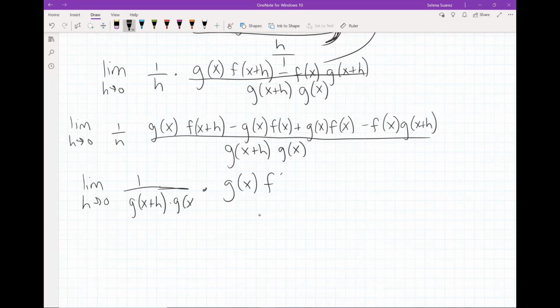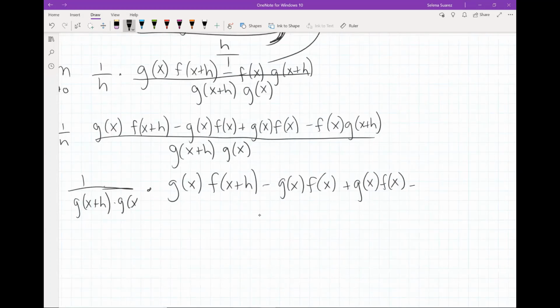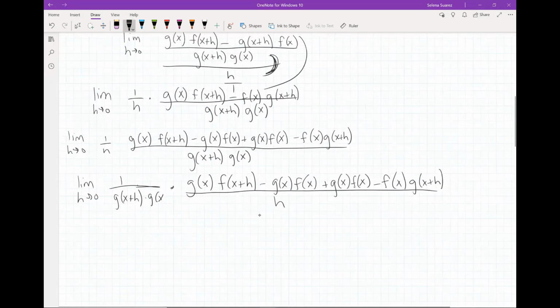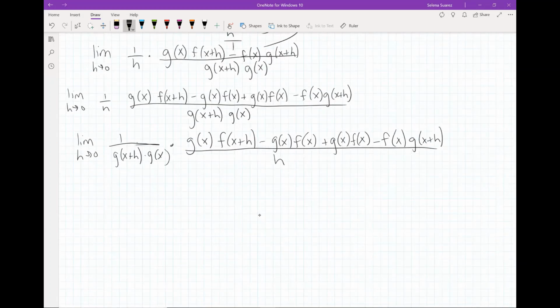So f of x plus h minus g of x times f of x plus g of x times f of x. This is one long problem. And I'm changing the denominator, so now this is over h. Okay, so you're already starting to see the g squared right here in this area, but we'll keep going.